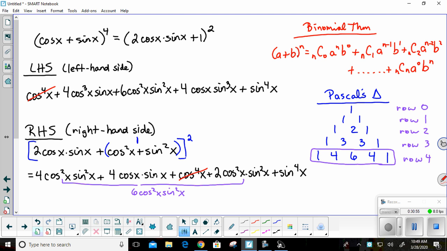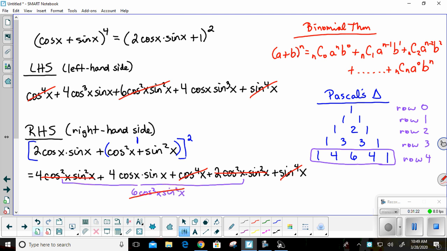Also, sine to the 4th x will cancel with sine to the 4th x. Also, the two terms that I just combined here on the right-hand side, the 6 cosine squared x sine squared x, this cancels with that, which means that this goes away and this goes away. Woohoo! So this isn't quite as bad as we thought.